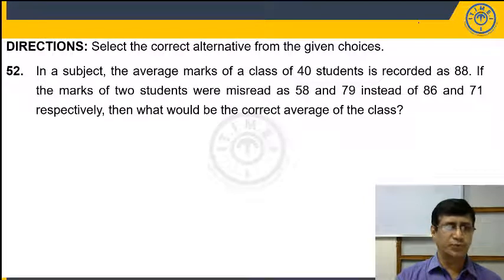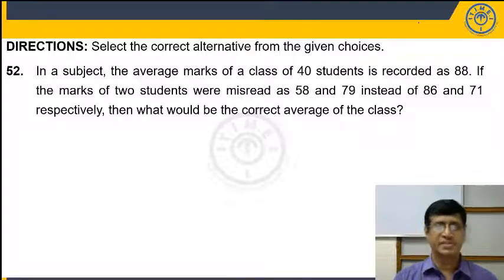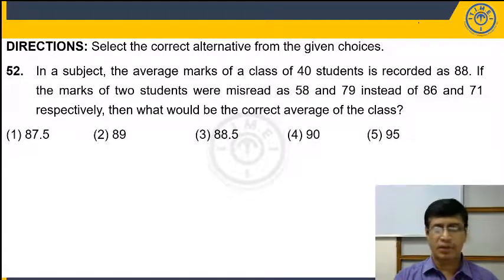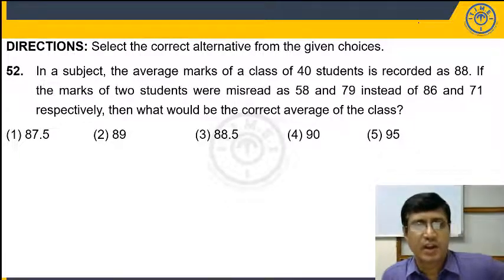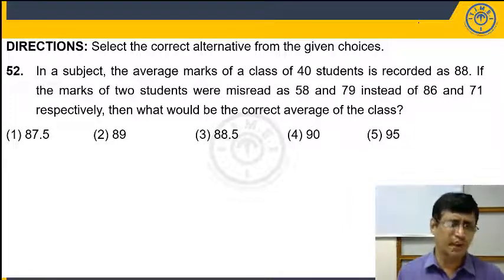Here is question number 52. Again, directions are given here. What is it saying? Select the correct alternative from the given choices. So 5 options are given. Look at this question carefully and try to collect the data. My dear students, please pause the video if you want to try this example, then release the pause and you can look at the solution.